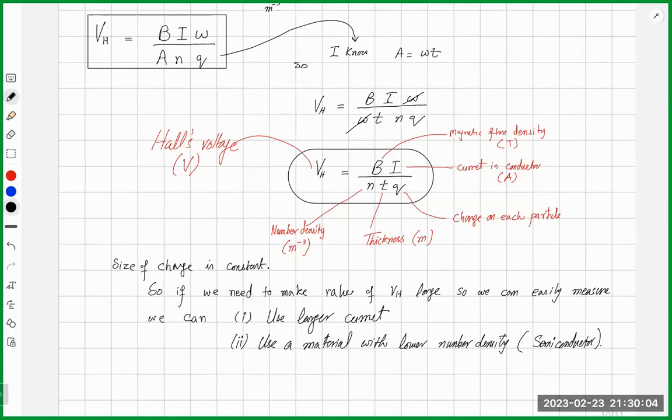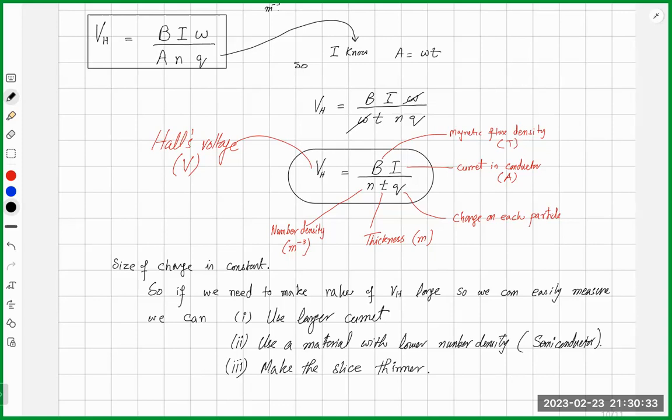And the third thing that you can do is make the slice thinner. If the slice is thinner, it will develop more potential difference, because you can see that the thickness T is in the denominator.